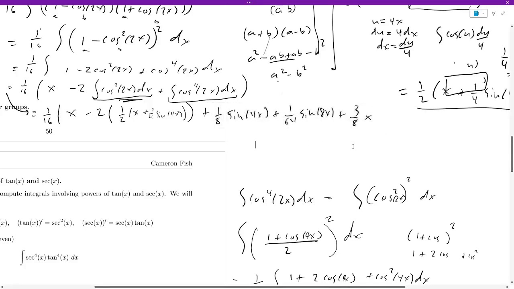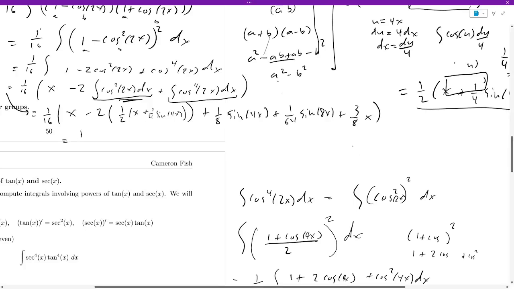Okay, that was the result of this cosine to the 4 integral. Great, kind of gross, right? Let's just finish off to get a satisfying answer by distributing everything through. Let's just focus right here really quick. I can distribute the 2 through, and it actually just cancels that 1/2. So I basically can ignore that.